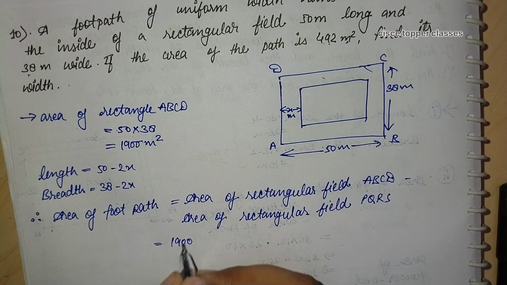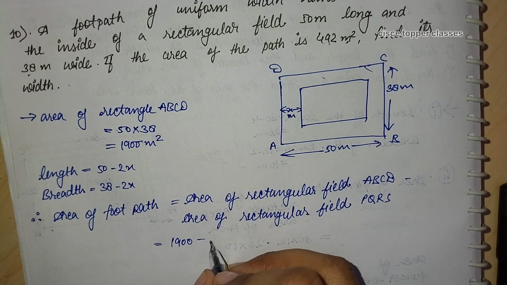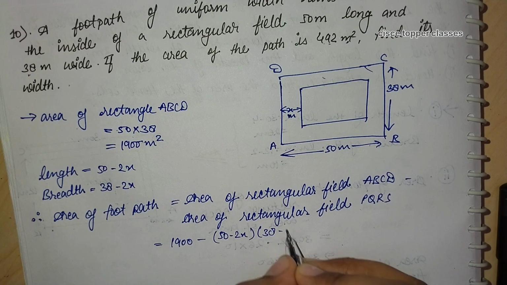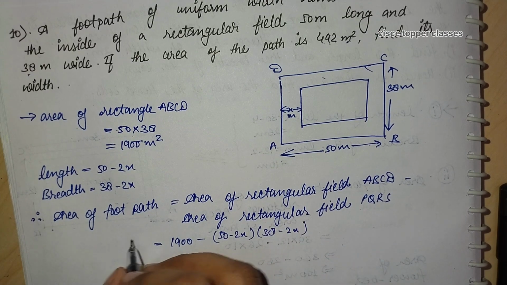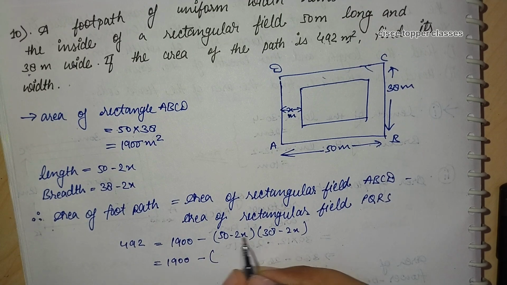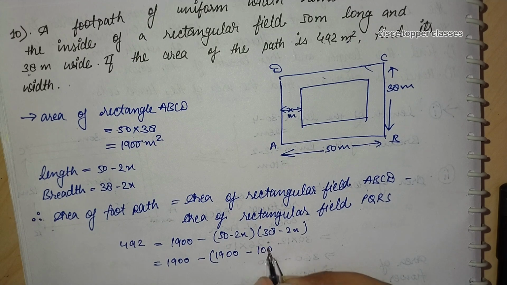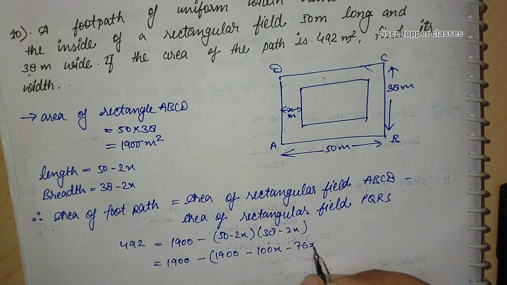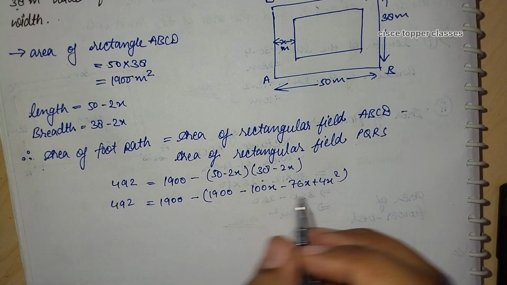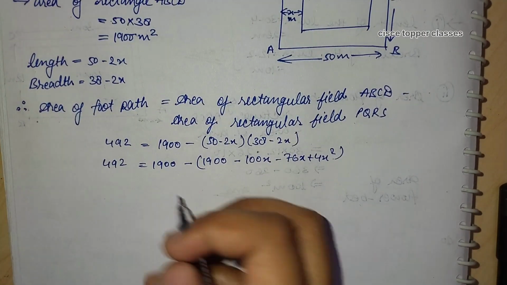This is 1900. We can multiply this. So this will be 50 minus 2x into 38 minus 2x. So this is equal to 492 here. We can write it as 1900 minus, on multiplying this we will get 1900 minus 100x minus 76x plus 4x square. So on opening the bracket we will just calculate this value.